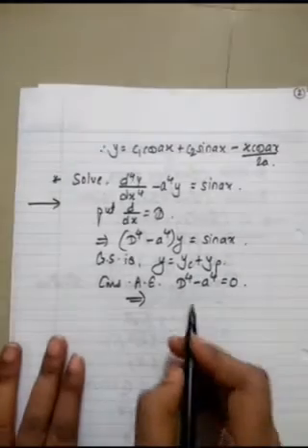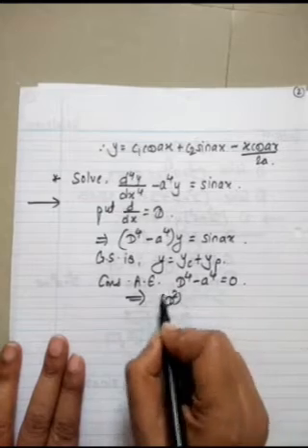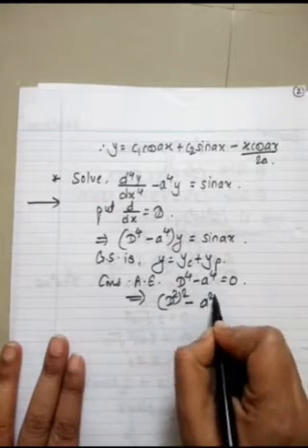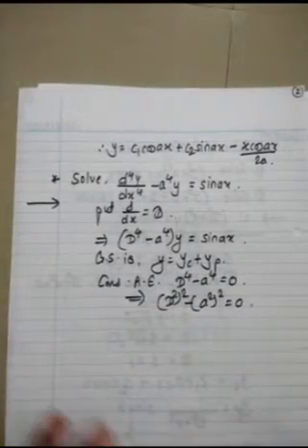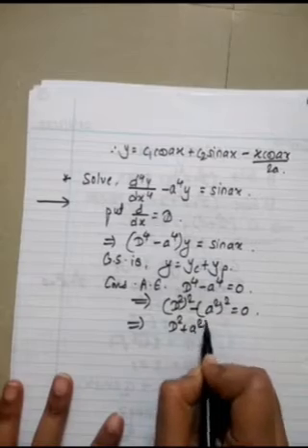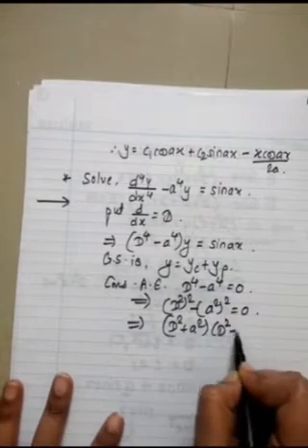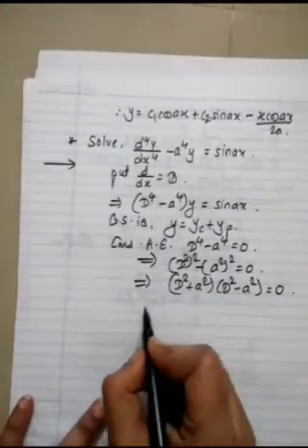So what is this form? It is D square whole square minus a square whole square is 0. So it is a square minus b square, that is a plus b and a minus b is equal to 0. That is both are equal to 0.